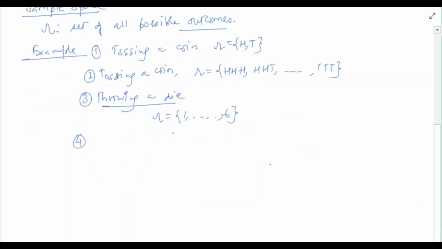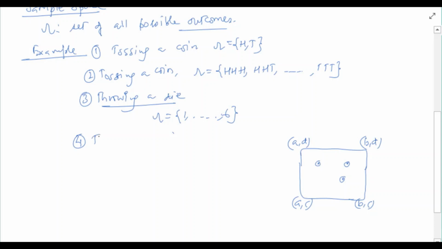Next, consider that we have a rectangular floor. Let's say here is a floor and its corner coordinates are AC, BC, AD and BD. I throw a coin on this floor, the coin lands somewhere, and the point where the coin lands is the outcome of my experiment.